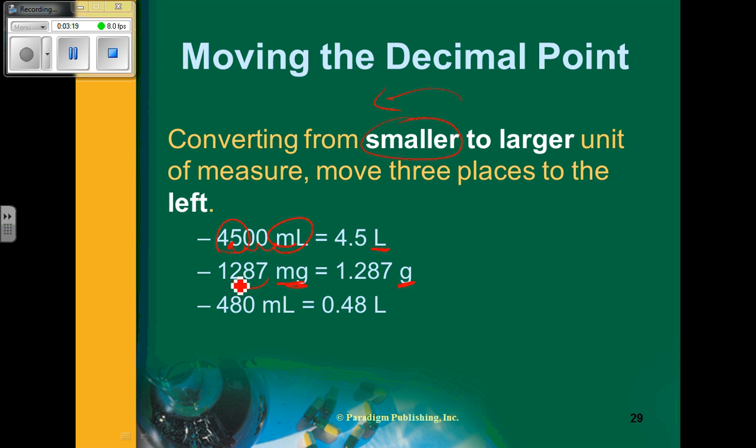You would move it 3 places over: 1.287. Milliliters, 480. You move it over, smaller to larger units. So it's 1, 2, 3, and you have to add a leading 0 because it is not a whole number anymore.